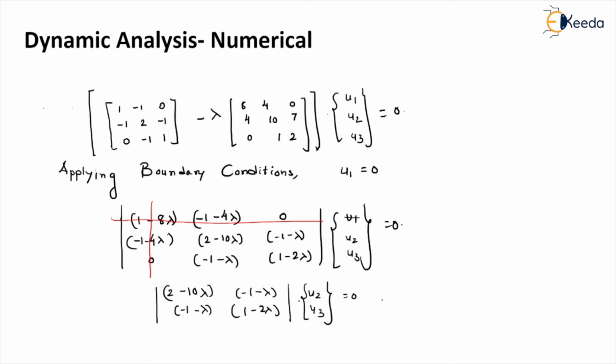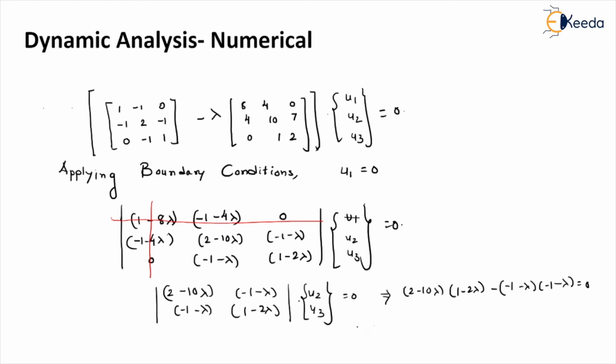So converting this into the equation, we need to do cross multiplication. So we get: 2 minus 10 lambda into 1 minus 2 lambda minus minus 1 minus lambda into minus 1 minus lambda equal to 0.